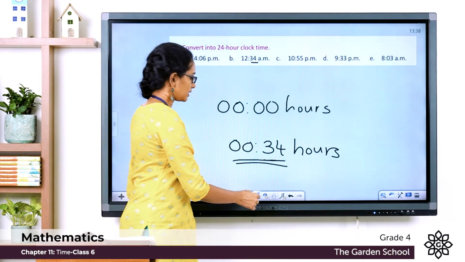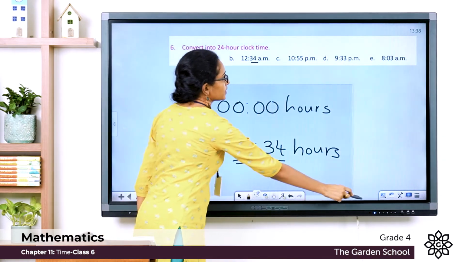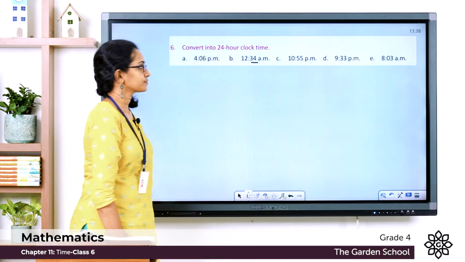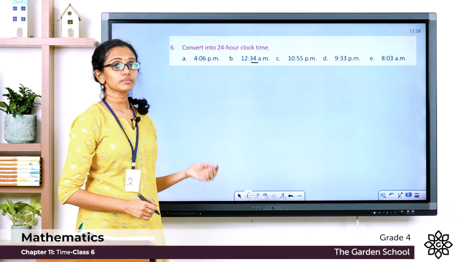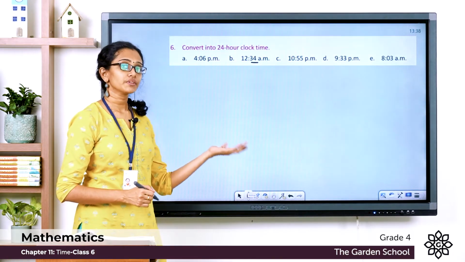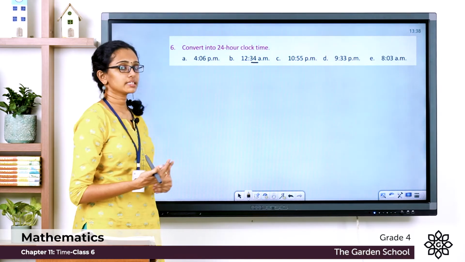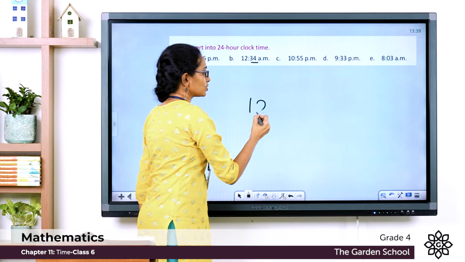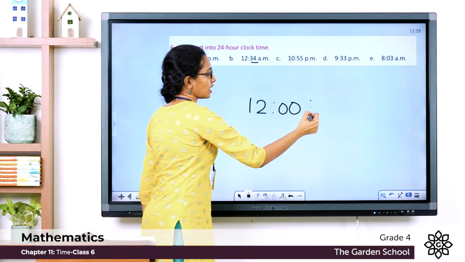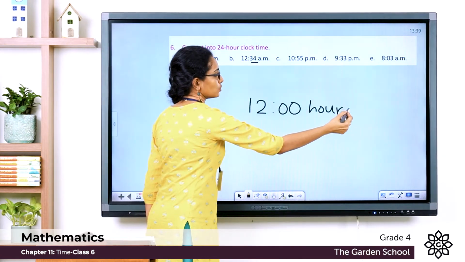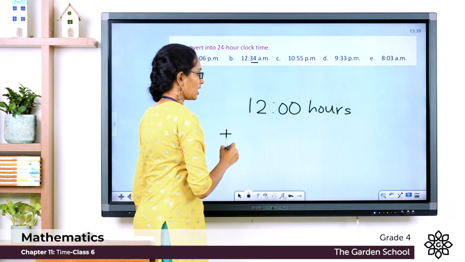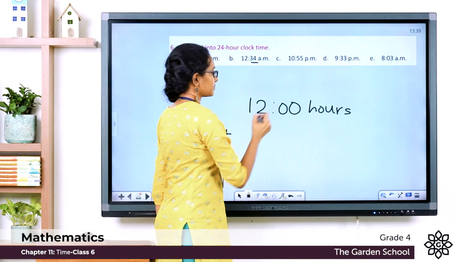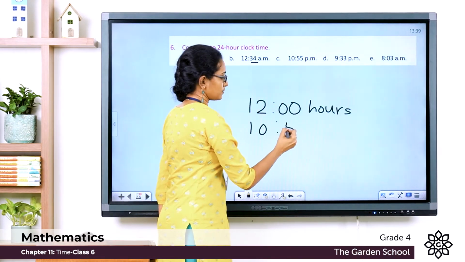Now question C, 10:55 p.m. So it is PM, it is night time, it is after 12 in the noon. So how do you change that to the 24-hour format? You have to add the given time to 12 hours. 12 hours means it is 12 in the noon. So that 12 hours plus the given time, that is 10:55.